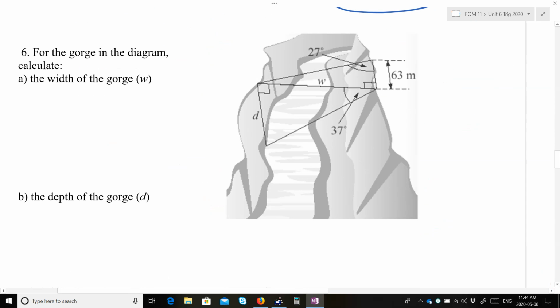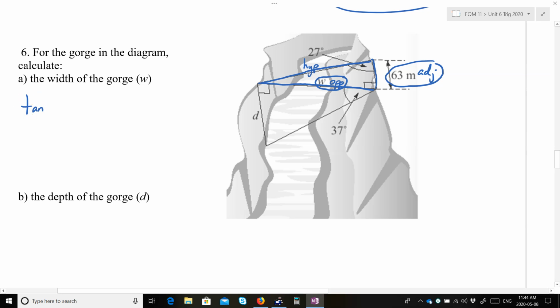All right, number 6. For the gorge in the diagram, calculate the width of the gorge. We've got this 90-degree triangle, 27 degrees there, so this is the opposite side that we're trying to find. Across from the 90 is the hypotenuse, so this 63 must be adjacent. Again, SOHCAHTOA, which one deals with opposite and adjacent?